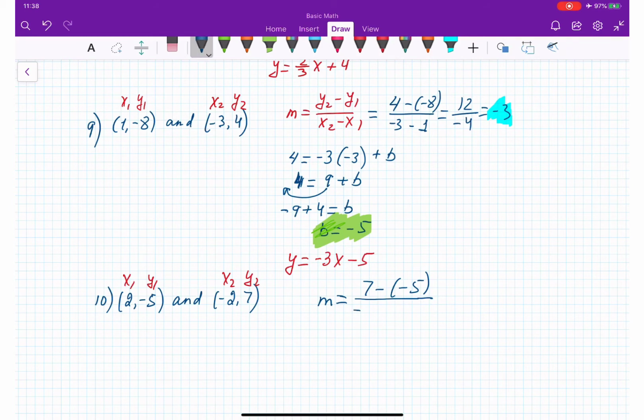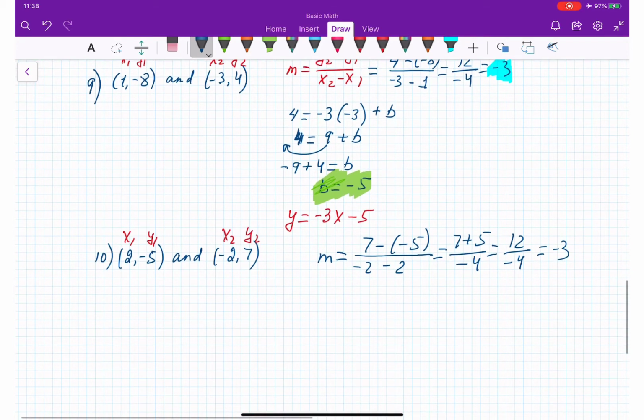And x is negative 2 minus 2. So we have 7 plus 5, and here is negative 4, 12 over negative 4, and is equal to negative 3. Okay?